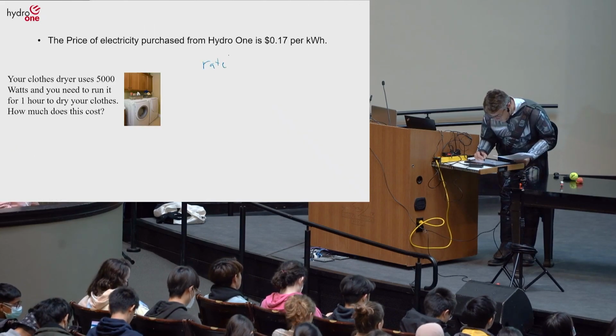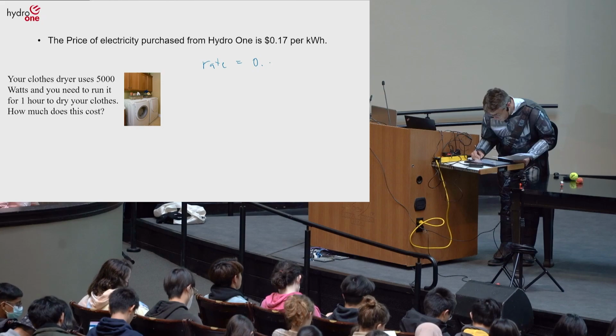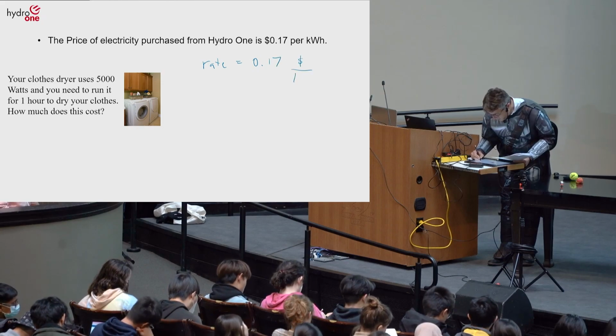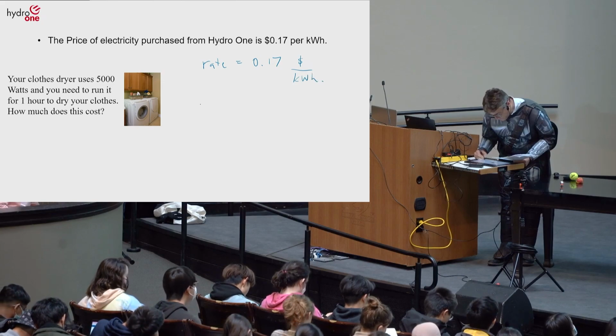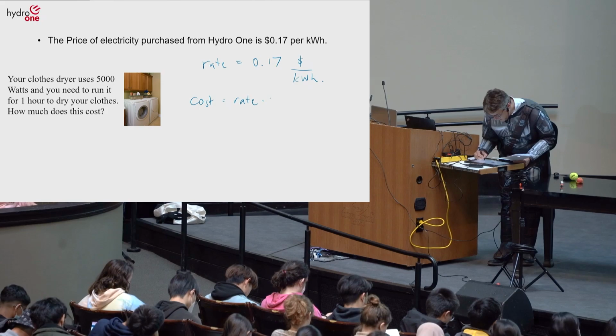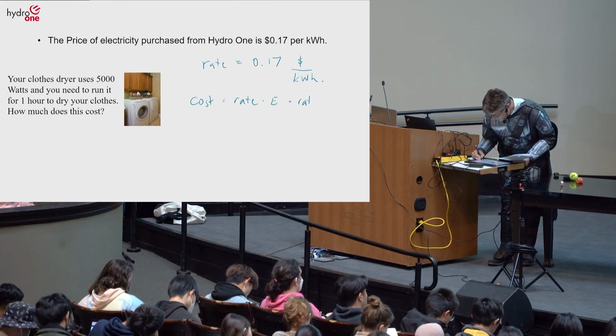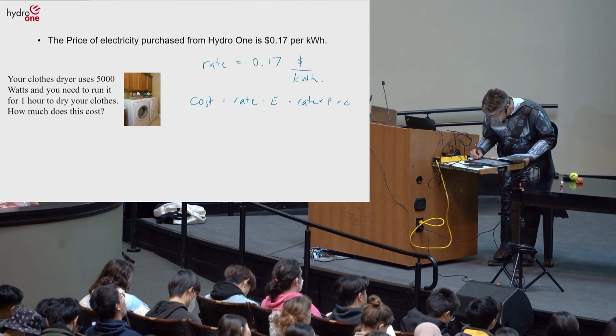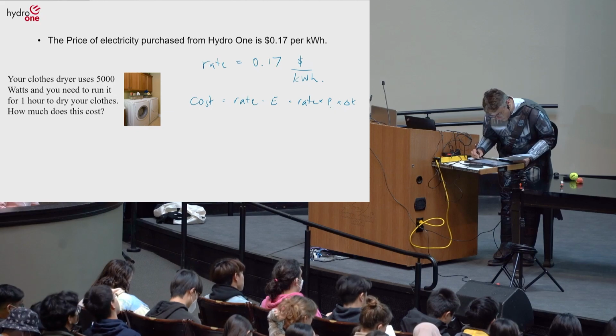The rate, I would call it, is 0.17 dollars per kilowatt hour. And the cost that you would pay is going to be the rate times the energy, which is the rate times the power that you're using times the delta T. So the longer you run the dryer, the more you pay.